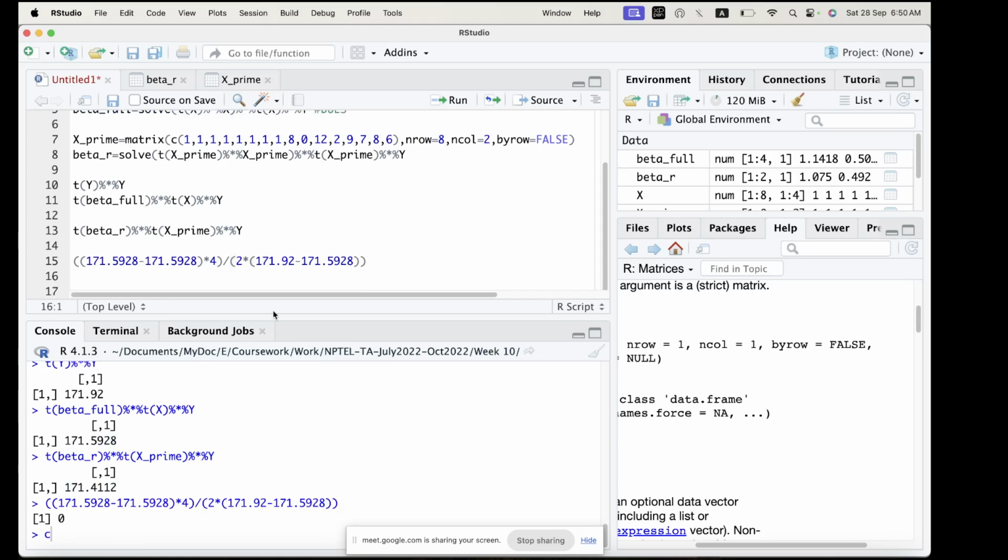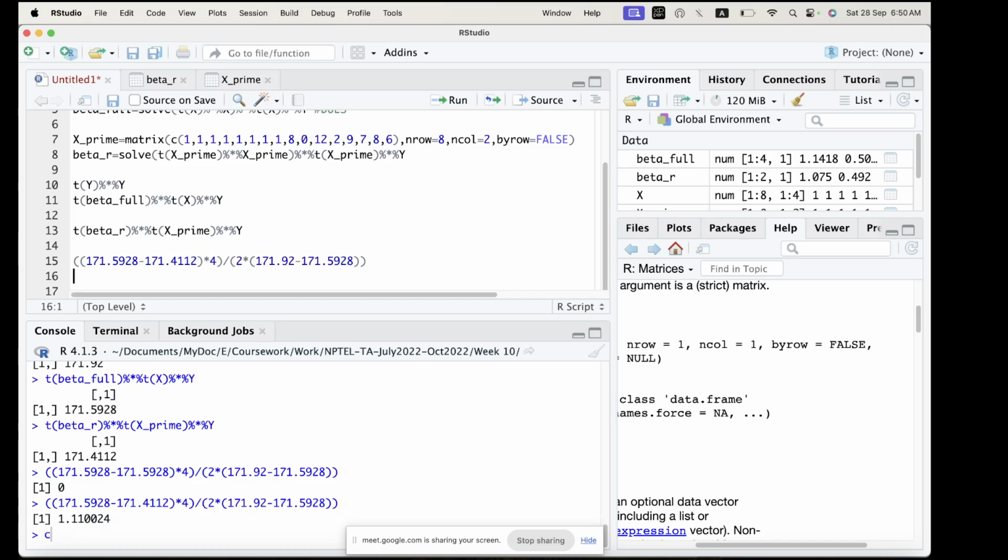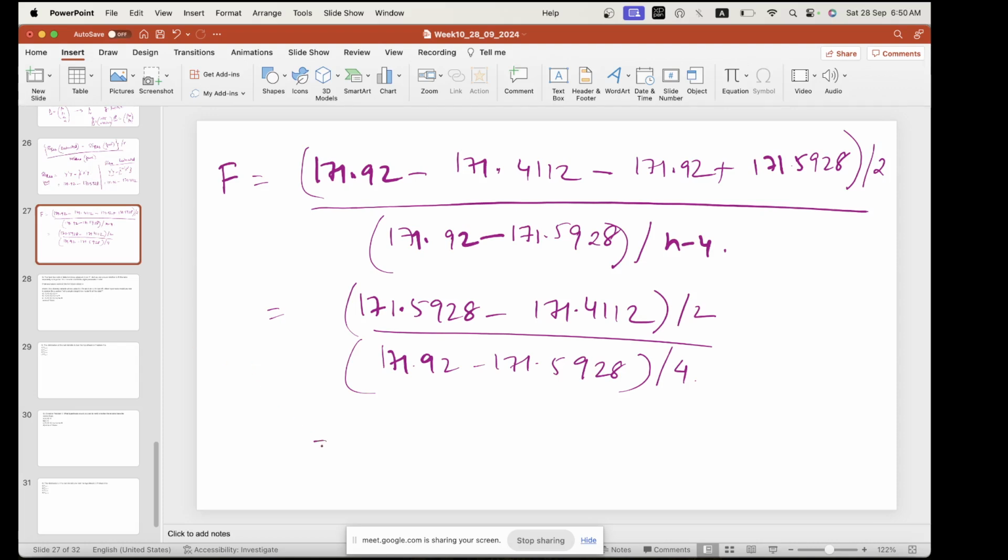So how much does it amount to? Oh, sorry, this would be minus 411. So it is 1.11. So the F statistic is 1.11.